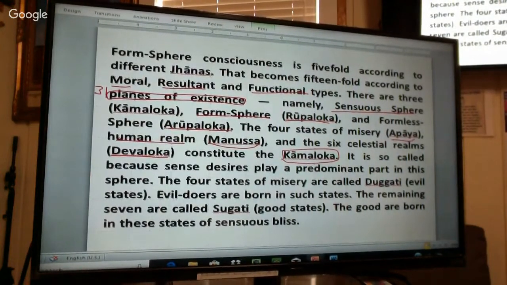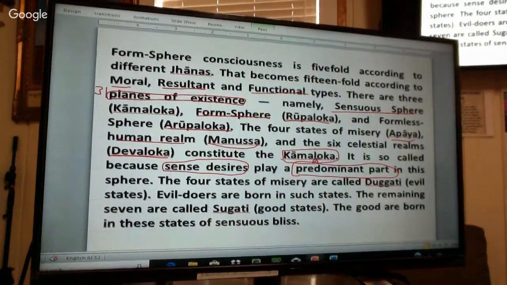It is also called that because sense desire plays a predominant part in those spheres. That's why we call it Kama Loka. And the four states of misery are also called Dukkati, as we say in Pali.